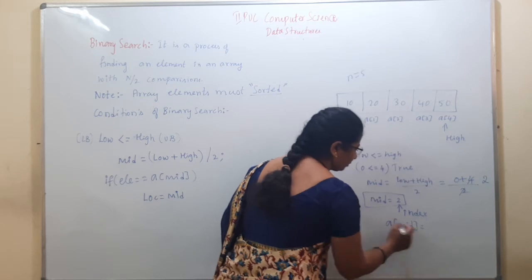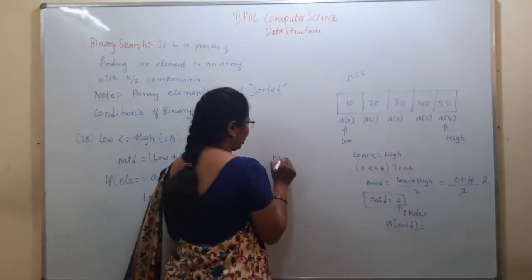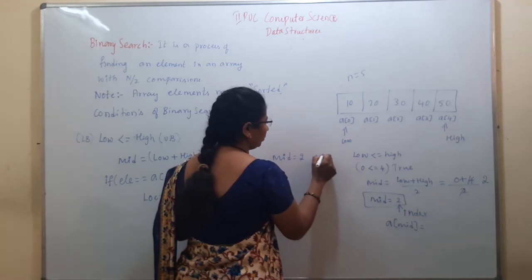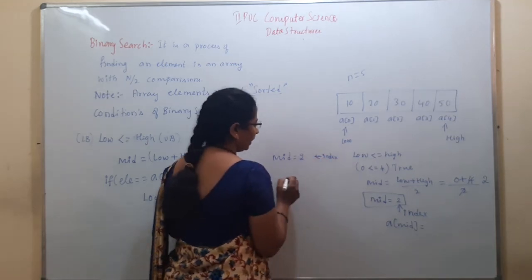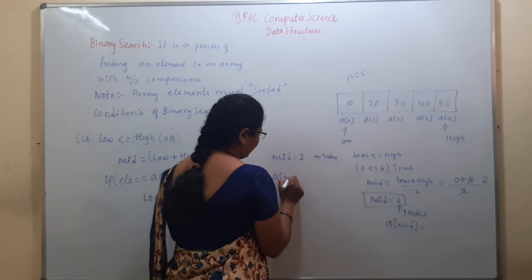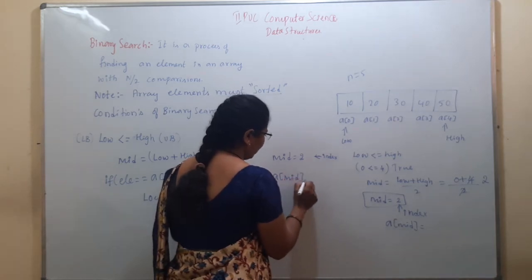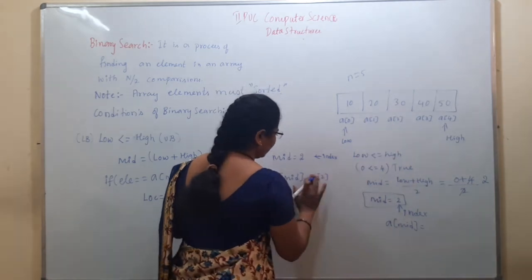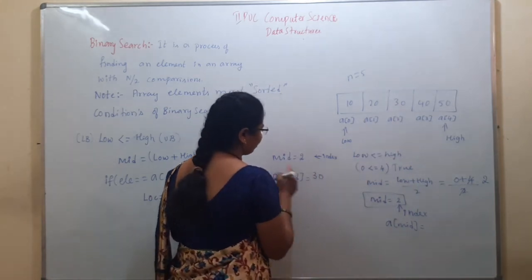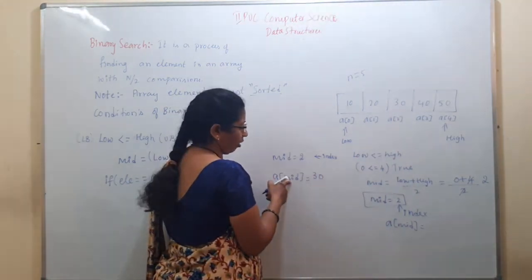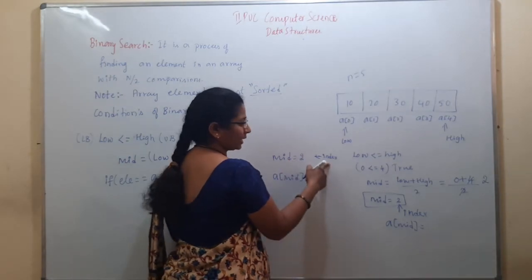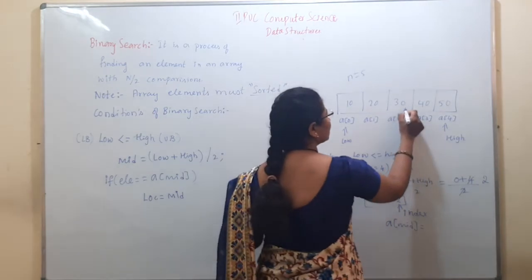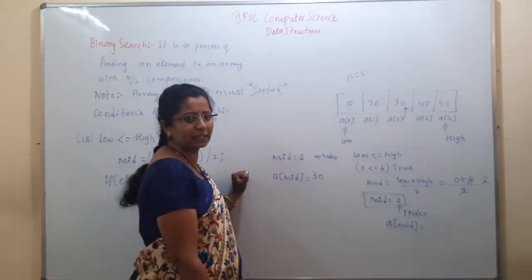There is a difference between only mid and A of mid. Mid is 2 means the index value is 2. A of mid means the value present in A of 2. What is A of 2? That is 30. Mid means index value. A of mid means the content present in the particular index.